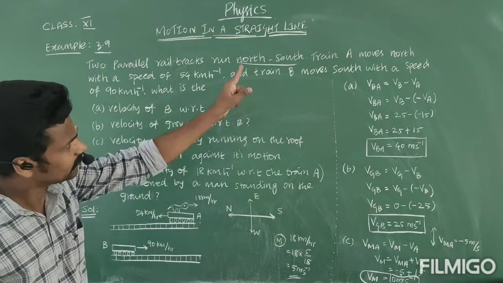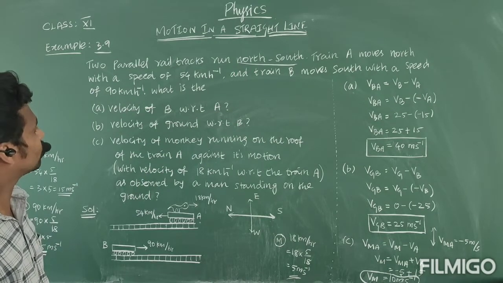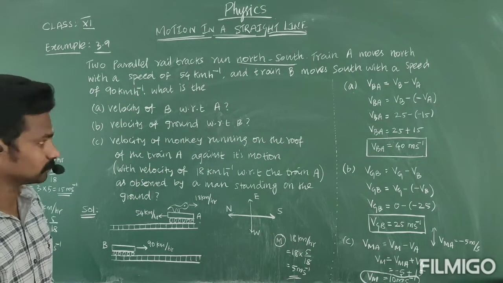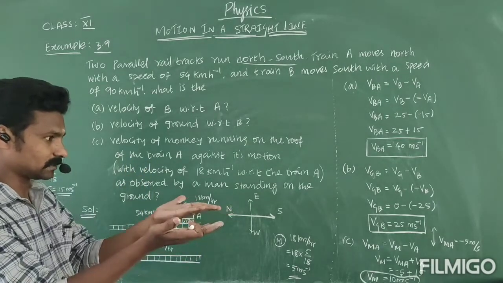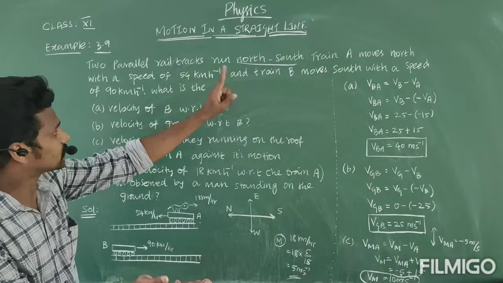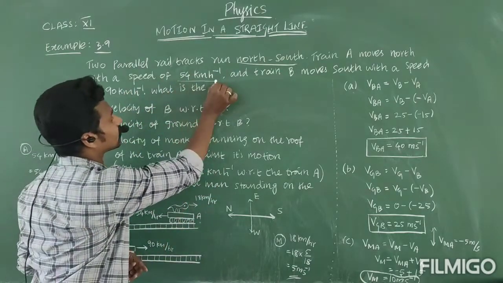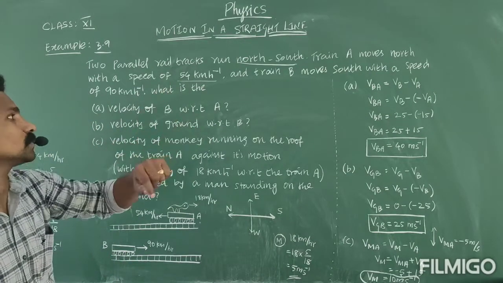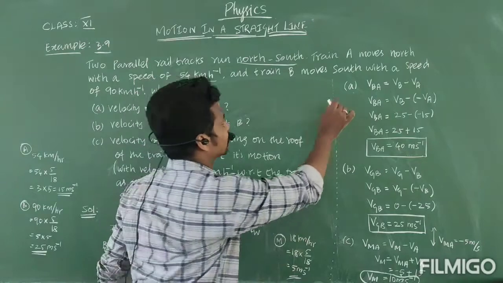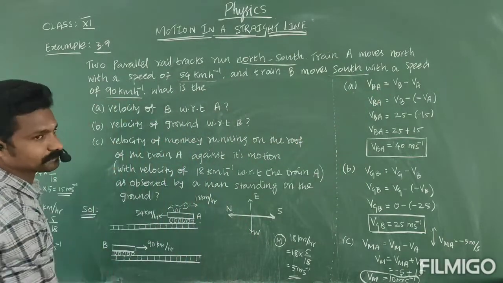Here, train A moves with a speed of 54 km per hour. So, two railway tracks. In one track, train A, its speed is 54 km per hour. And train B moves in the south direction with a speed of 90 km per hour.